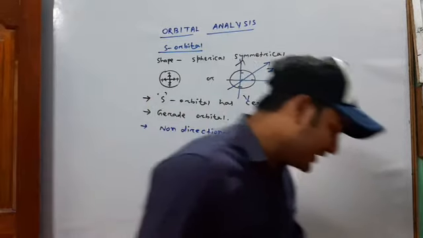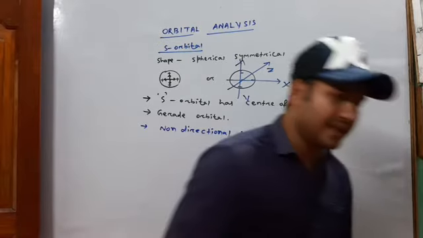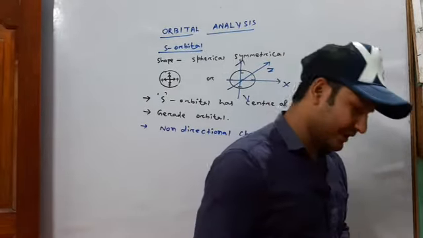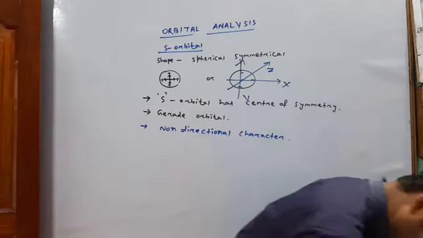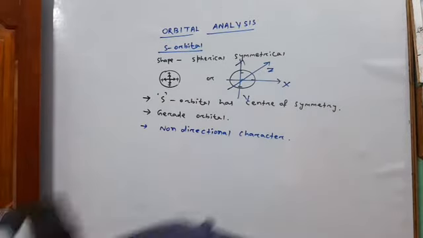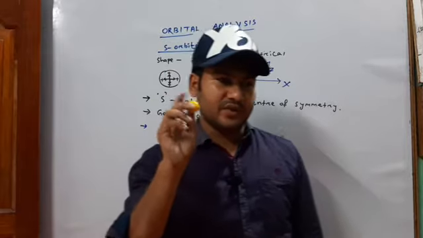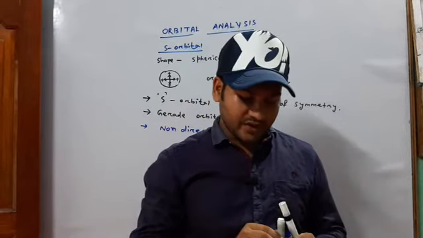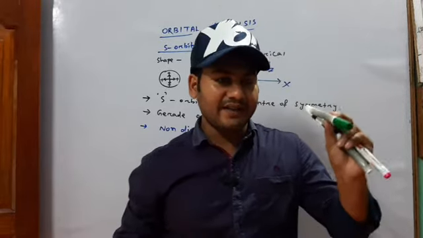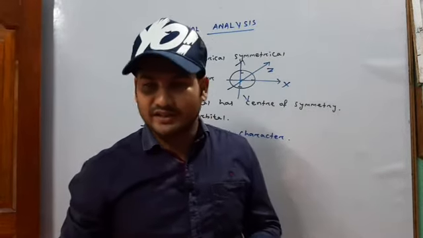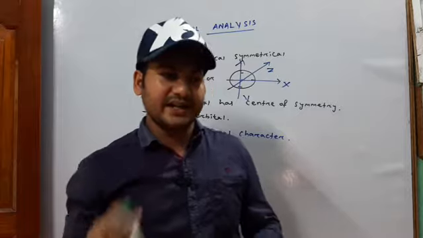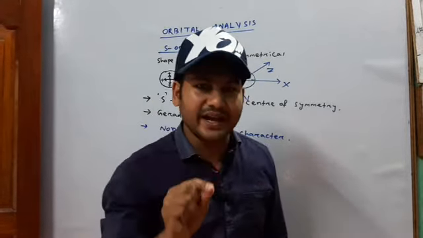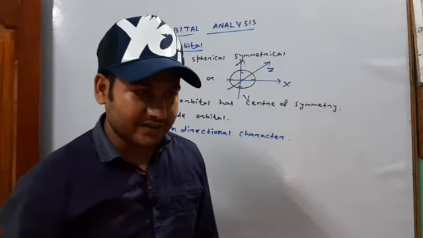Consider an example. Suppose I throw a ball into your body, a sphere or ball. At the same time I also throw a knife at you. Who can say which one penetrates your body? The knife, because the knife has a particular direction.